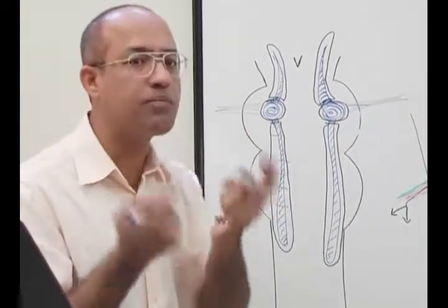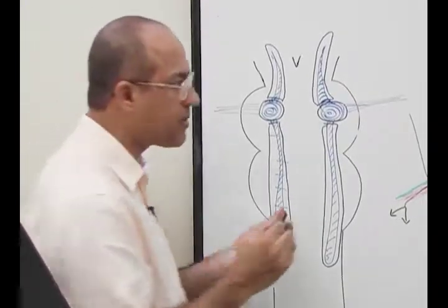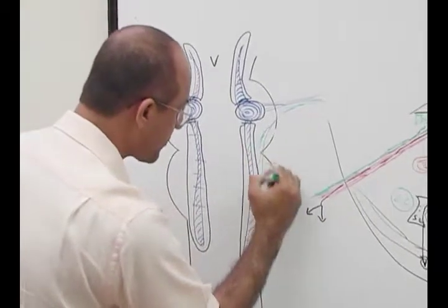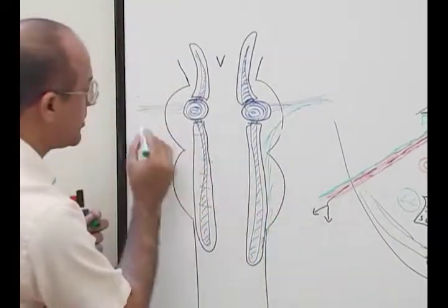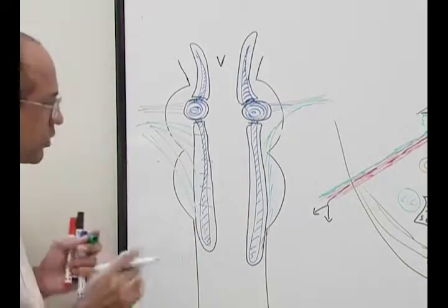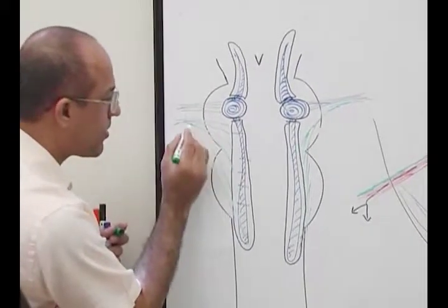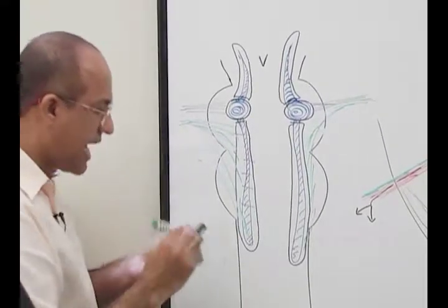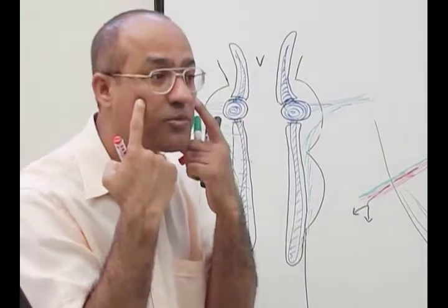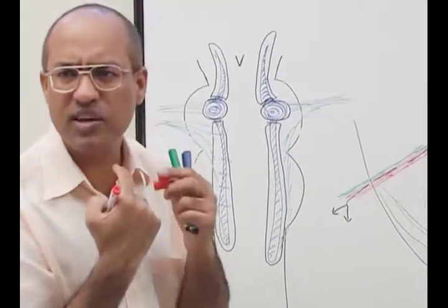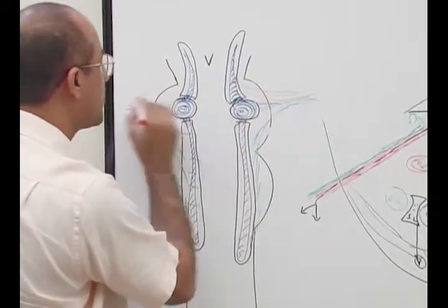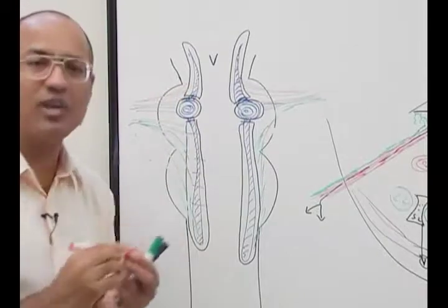And pain and temperature fibers from the face, through the trigeminal nerve, go down into, what is it? This is pain and temperature fibers from the face going to the spinal nucleus of trigeminal. And proprioceptive fibers from the face, fibers from the muscle spindles and the muscles of mastication, and pressure fibers, all those are going to, what is this? Mesencephalic nucleus.